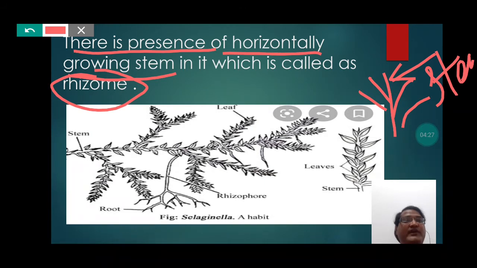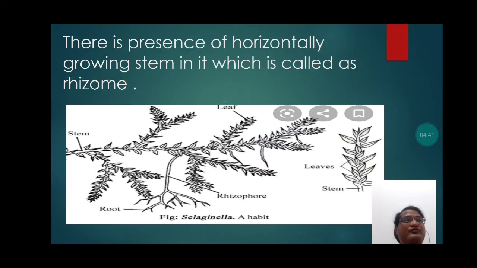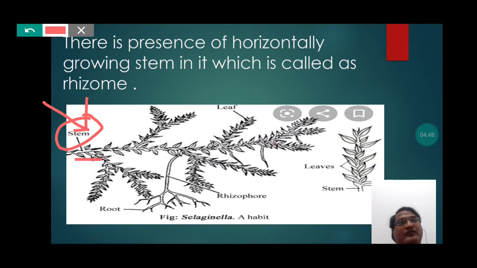Here we can notice that the stem is growing vertically. But in this picture, if you concentrate, you can notice that the stem is growing horizontally. So students, this horizontally growing stem is called rhizome.